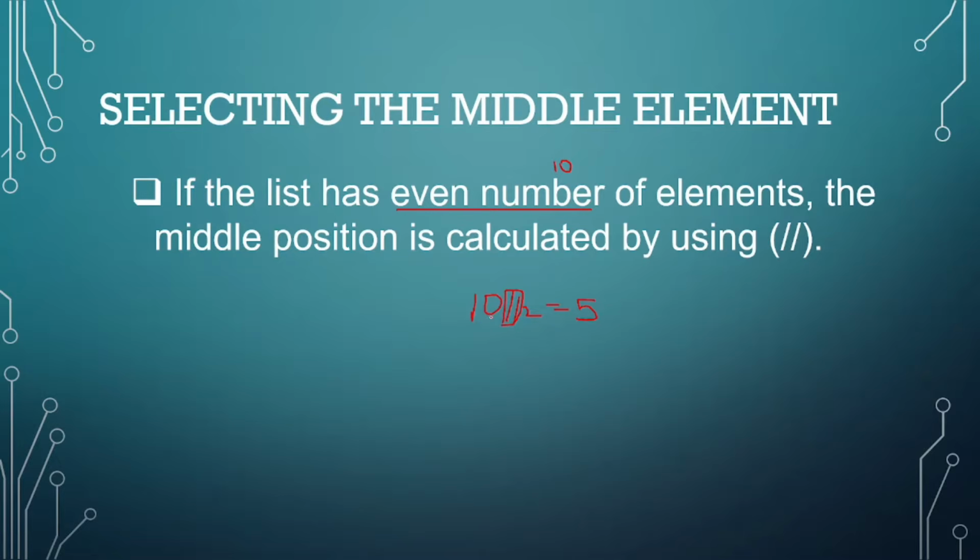Here it is an even number, so directly you get the answer: the fifth element is the middle element. But if you have 9, 9 by 2 is 4.5, so you have to consider 4 because we are using floor division. This is the way you find the middle element.